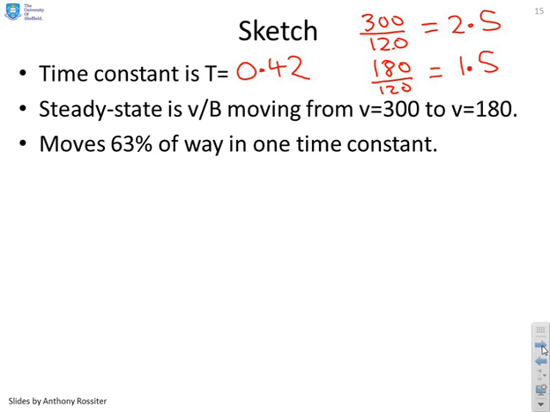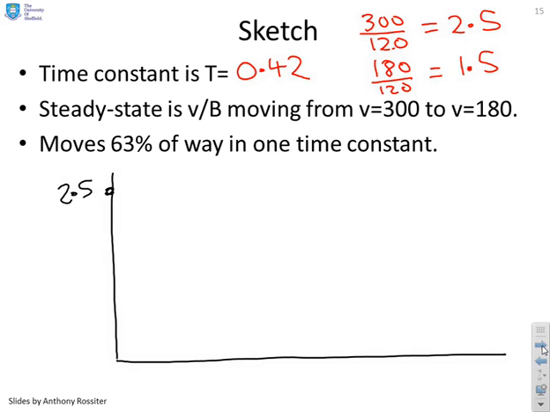So what this question has told you is the system has begun at 2.5 and finished at 1.5. So we'll put those two values in here. We've begun at 2.5 and we finished at 1.5.